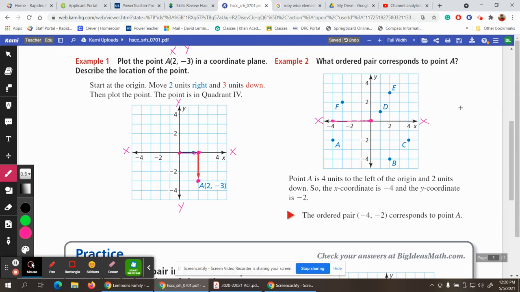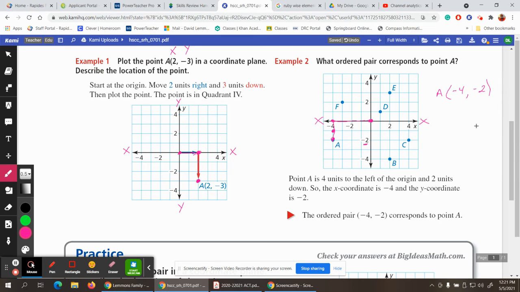And that's a negative 4 on the x. So I already know that A is going to be negative 4. And then I have to go down, 1, 2, and that lines up with negative 2. So my y value is negative 2.